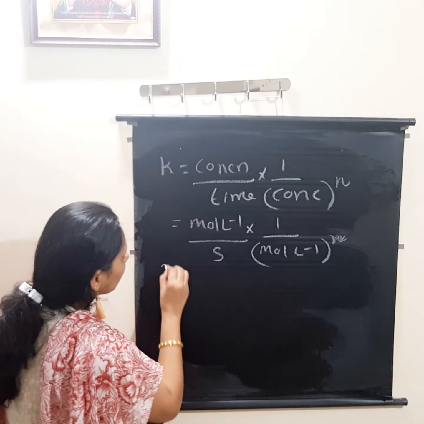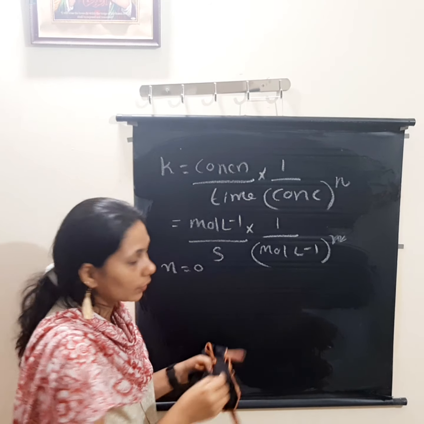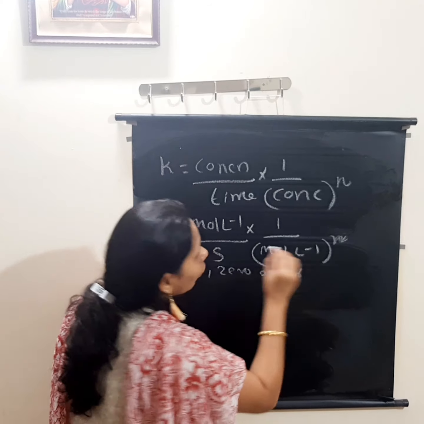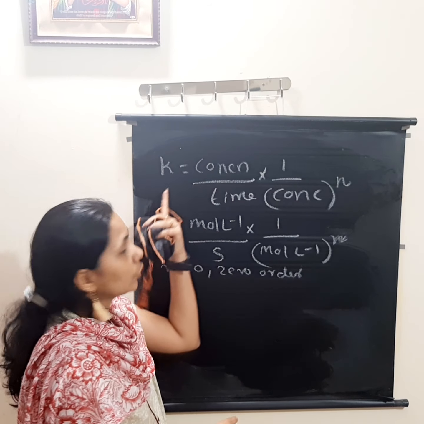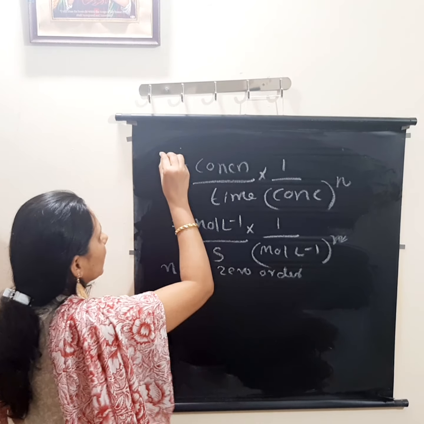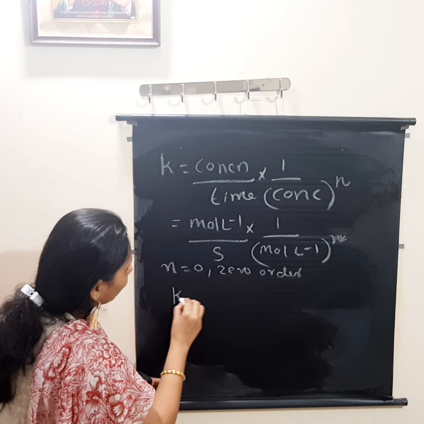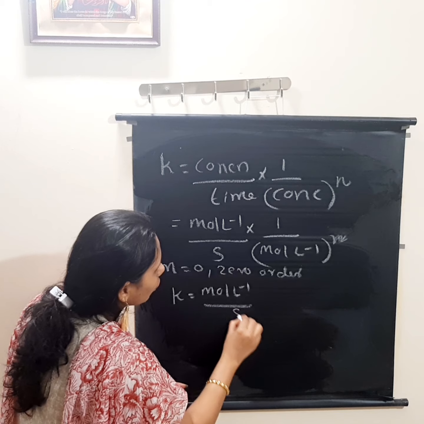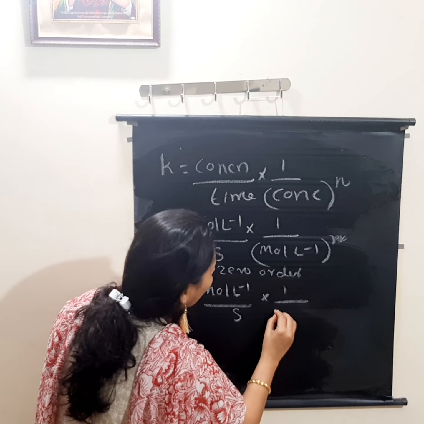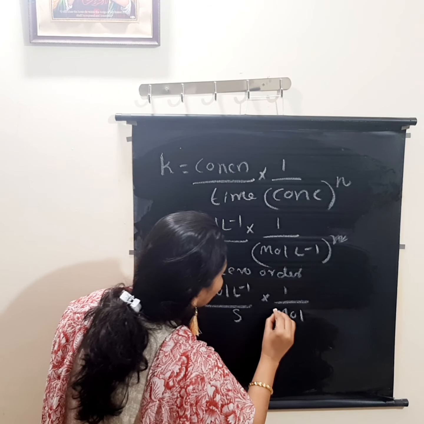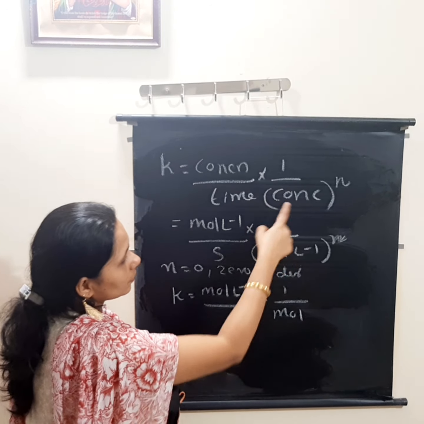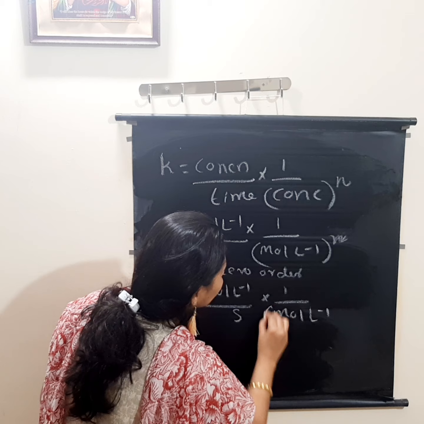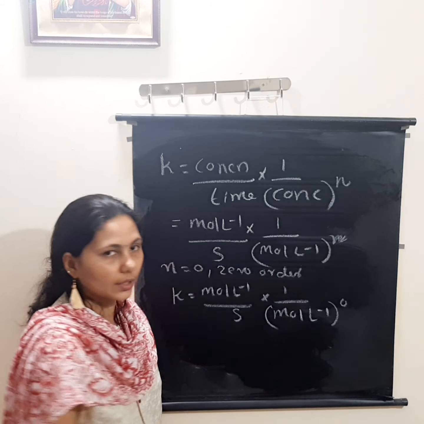So for n equal to 0, that means for a zero order reaction, what is the unit of rate constant k? So k equals moles per liter per second, this part no change, into 1 by moles per liter raised to 0.